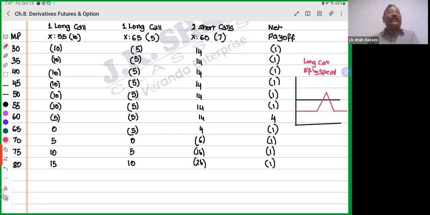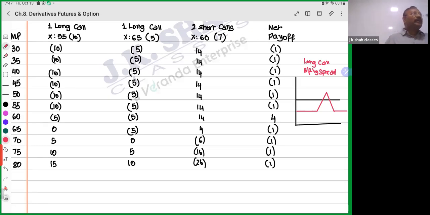Now I'm telling you that when the trader feels that the market is going to be range bound, you have to create a long call butterfly spread. So henceforth, this question should not come to your mind, sir, how will we know? Now you know. Remember this.